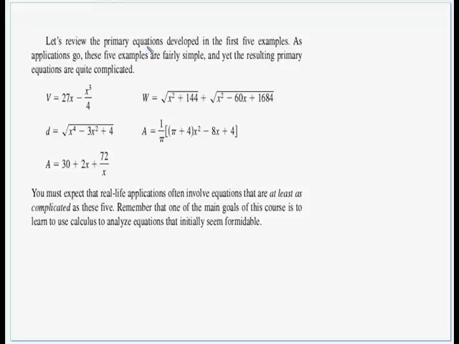Now let's take a look at the primary equations we developed in the first 5 examples. As applications go, these 5 examples are fairly simple, and yet the resulting primary equations can be complicated. When we did our volume problem, we had 27x minus a quarter x to the third. The wire problem that we did 2 examples ago, we used a little Pythagorean theorem and got this radical plus another radical.